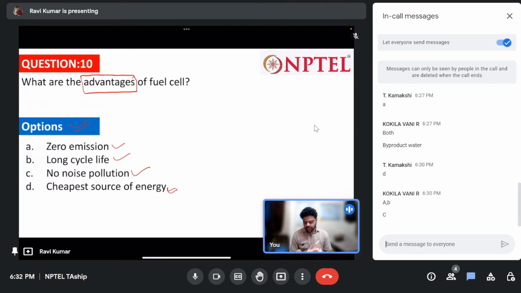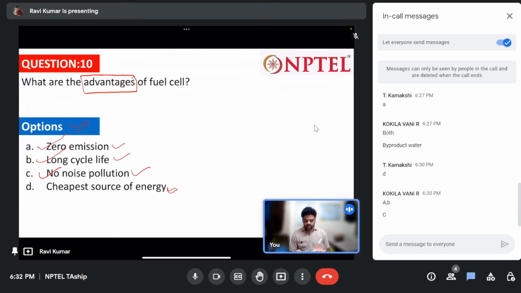Okay, zero emission, we can see only water is the byproduct. So A is correct. Long cycle life, yes, because the cycle life of a lithium ion battery drops because ions get stuck inside the electrodes, but nothing is happening here. No noise pollution, yes, there is no noise pollution. It's a very silent source of energy.